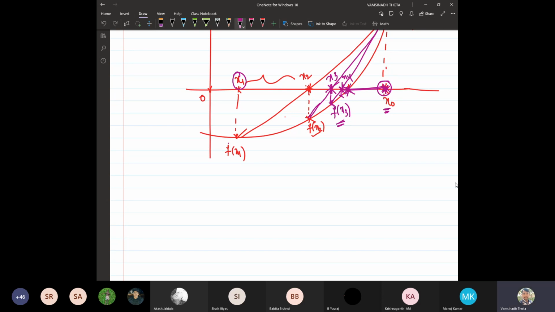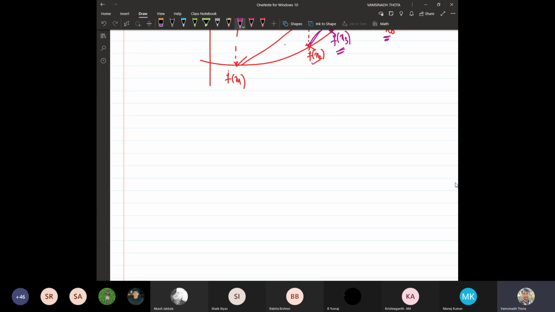Right. Now let us do some exercise. Yesterday I gave one problem: find the solution for the equation x e to the power x minus 1 is equal to 0. I think the interval I gave is 0 to 1 because I asked you to do it using the bisection method.